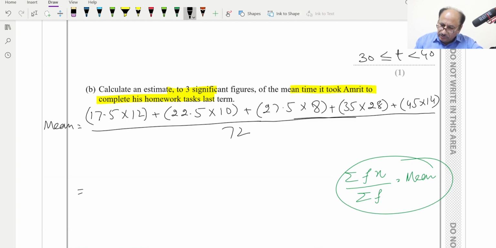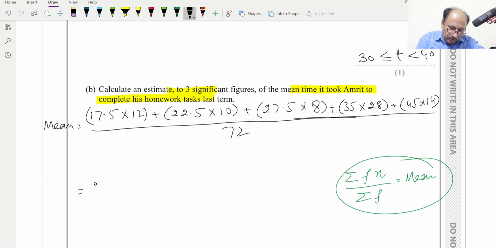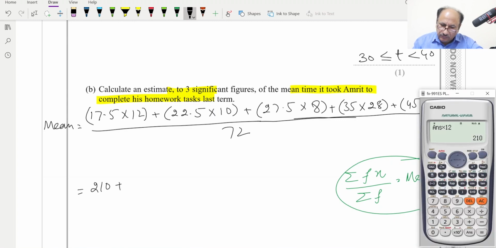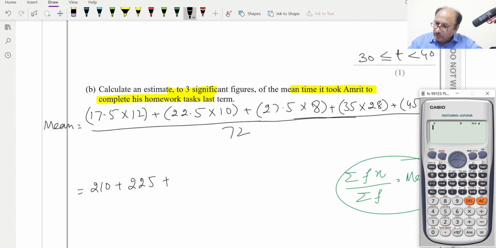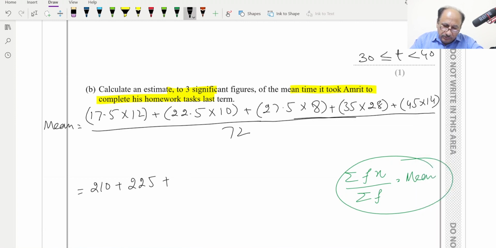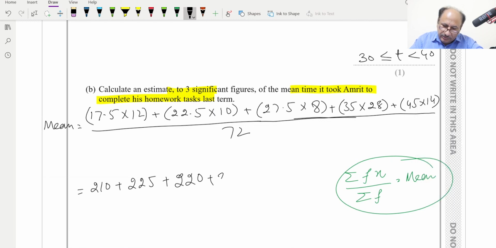Now we will just calculate with the help of a calculator. 17.5 multiplied by 12 is equal to 210. Plus next 22.5 multiplied by 10 is equal to 225. Plus 27.5 multiplied by 8 is equal to 220. Plus next one is 35 multiplied by 28, equal to 980.